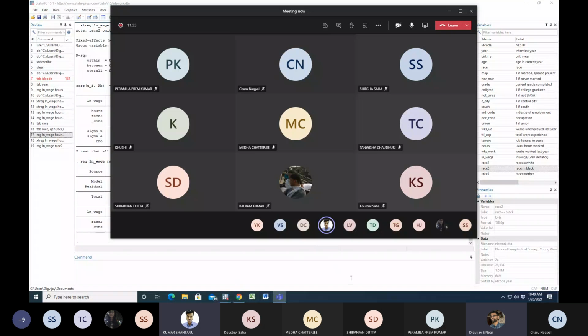I have a confusion. When you run a fixed effect regression, you have to define what level of fixed effects you are running. Either individual level fixed effect or race level fixed effect. So in the first regression, was it individual level fixed effect? For example, you have 28,000 individuals, so you introduced one less dummy, like 27,999 dummies. No. First of all, we don't have 28,000 individuals.